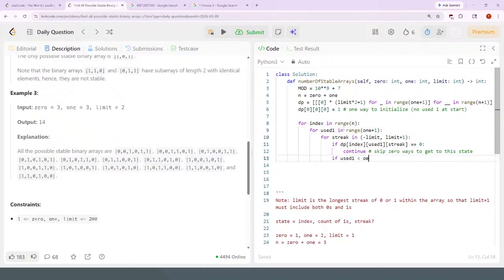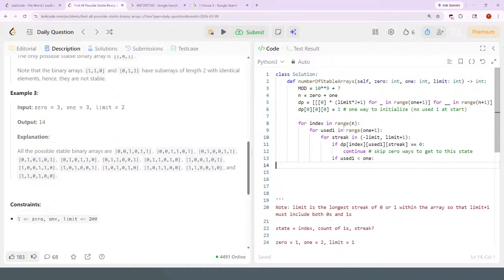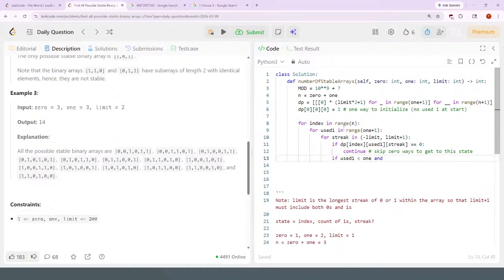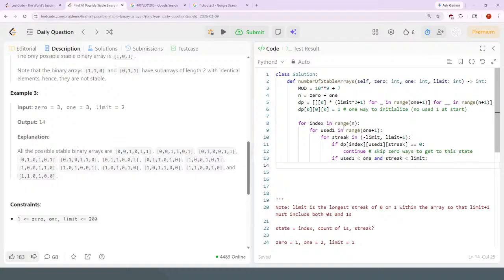If used 1 is less than 1, so I've used zeros, ones, and I can use up to 3, then, and also the streak is less than limit. Right? So it can't be at the maximum streak.